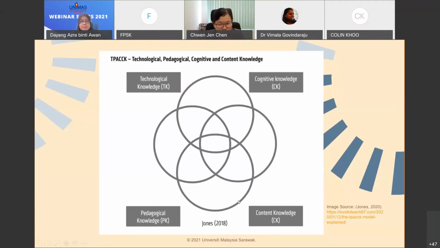According to Jones, cognitive knowledge is knowledge of cognitive psychology, which is basically about how our mental processes during learning affect our behavior. So it is the interrelationship between the mental processes and our behavior.